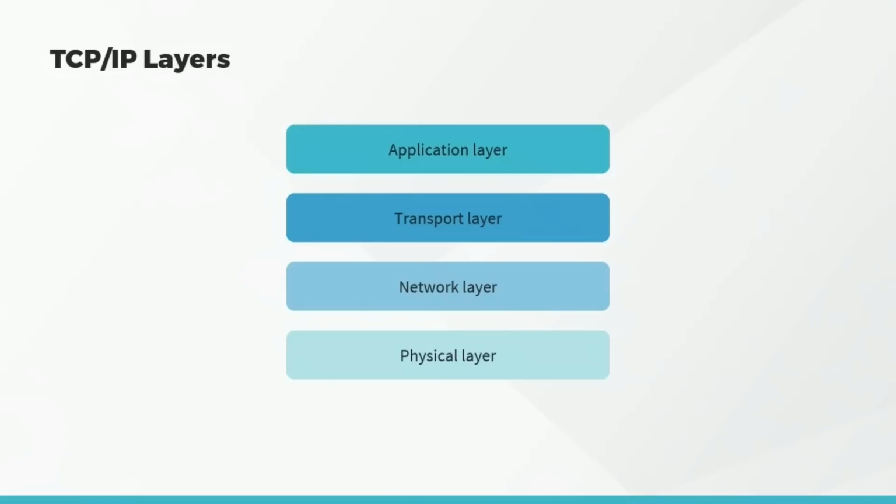The application layer defines the type of service or application that is being used. One very common example would be using a browser. When we open up a browser, we see HTTP in many cases, which stands for Hypertext Transfer Protocol.